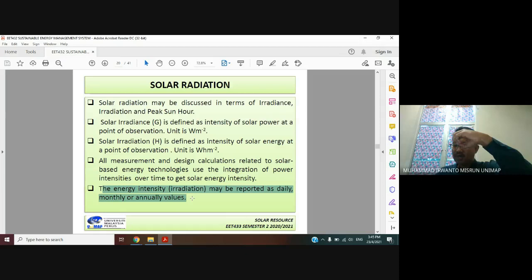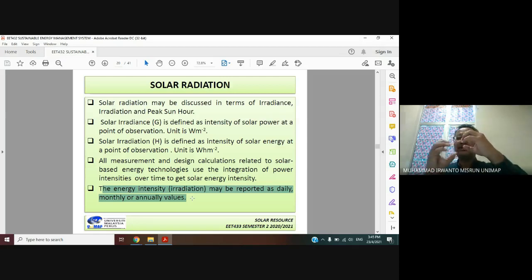And if an object here in the space of the earth wants to capture the solar irradiance, not directly but maybe by reflection, the solar radiation captured by the object can be divided into three parts. After this, we want to discuss. We have the slide for this part.